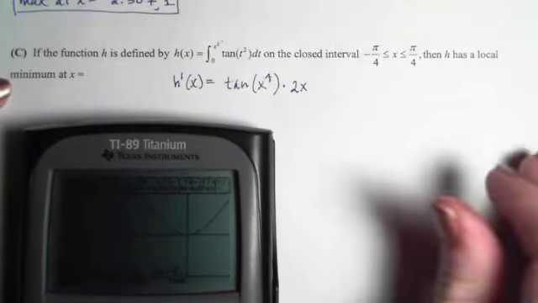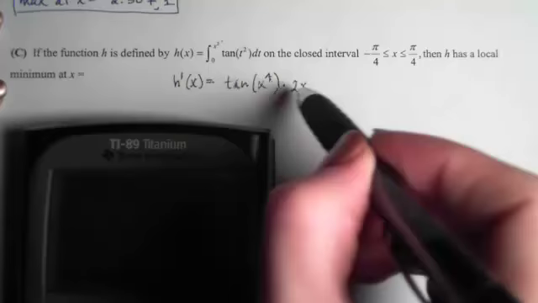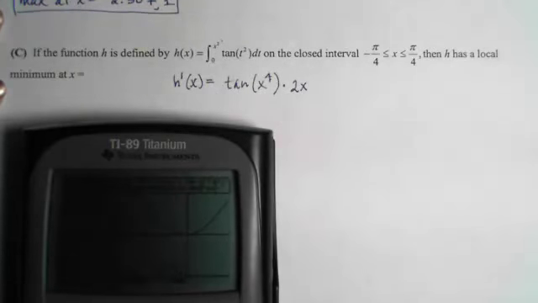I want a local minimum, so I need the graph of this to cross from below the x-axis to above. So I'm going to change that to tangent of x to the 4th times 2x.